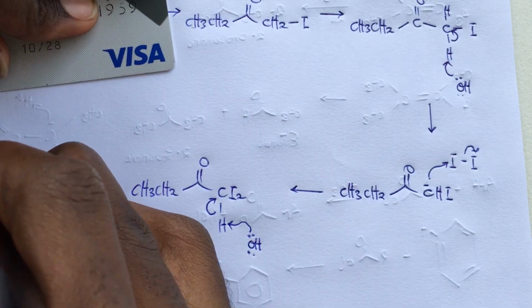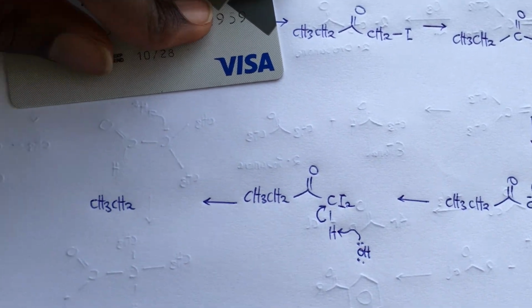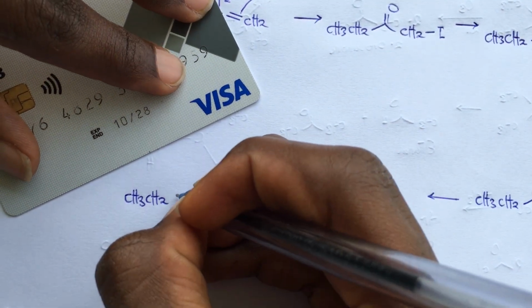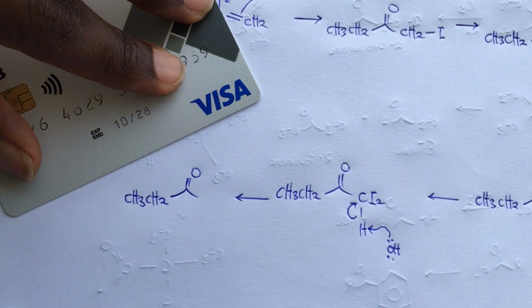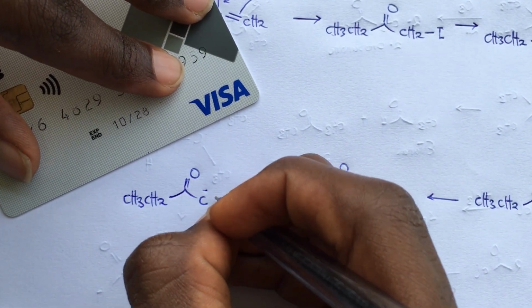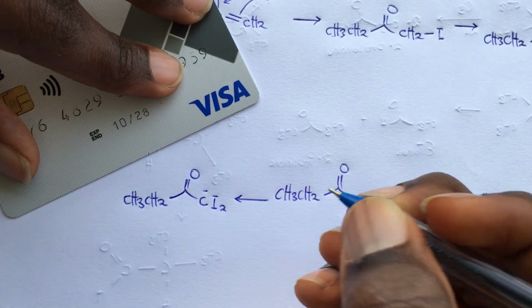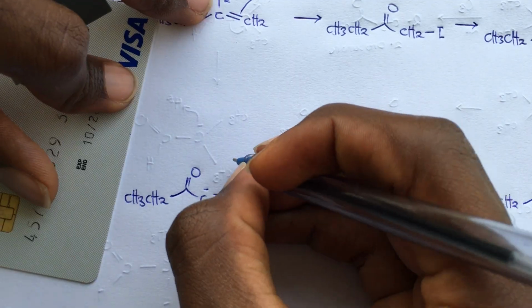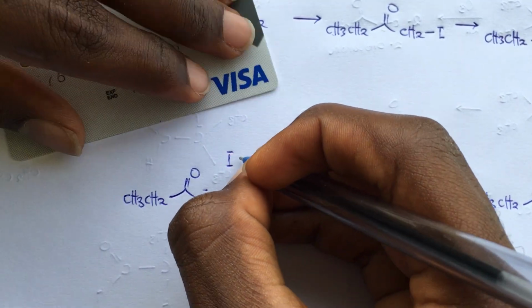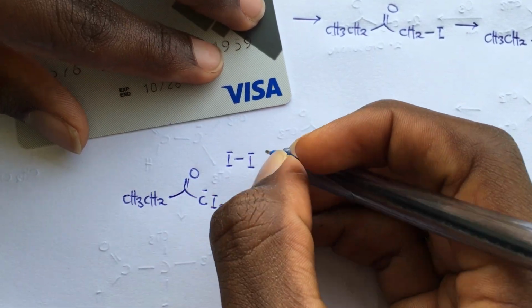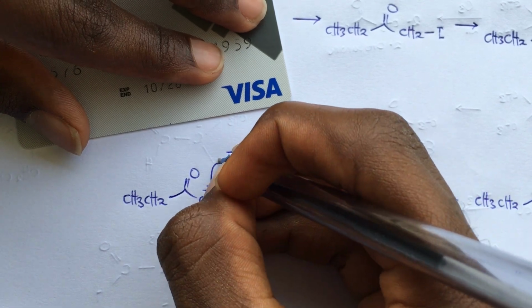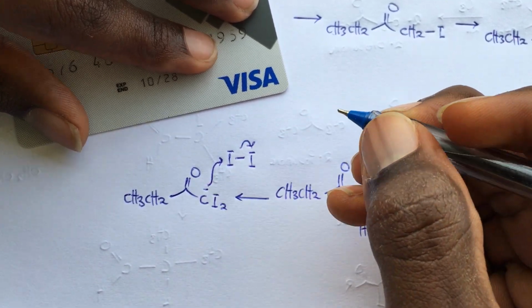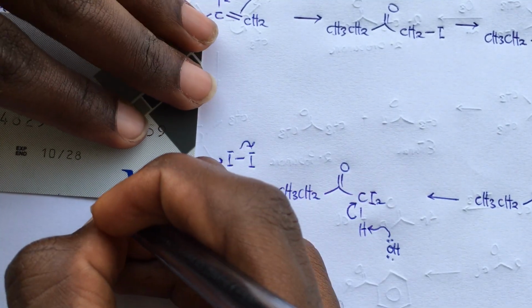CH3, CH2, and then you are having your double bonded C minus and your I2. You get it? Then see one of the most interesting things, you are going to have another I. Because you are using iodine, you're having a lot of iodine in the solution, it will attack this I again, and you're going to have our sodium iodide being formed.